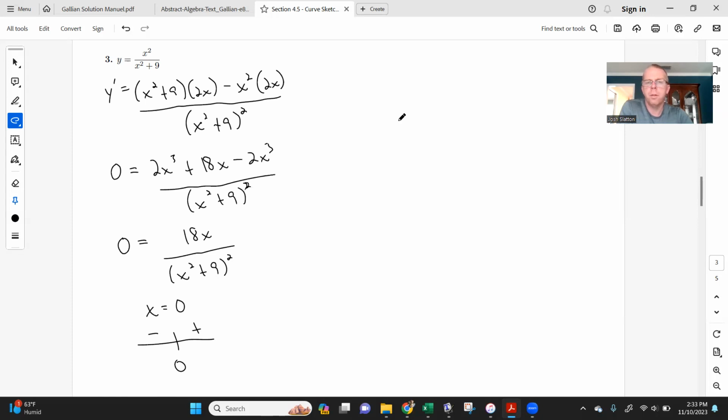All right, now we're going to do the second derivative. So y double prime, and we're going to do that one there. We have the bottom, x squared plus 9 squared, times the derivative of the top, and then minus the top times the derivative of the bottom. So we're going to bring the exponent down.